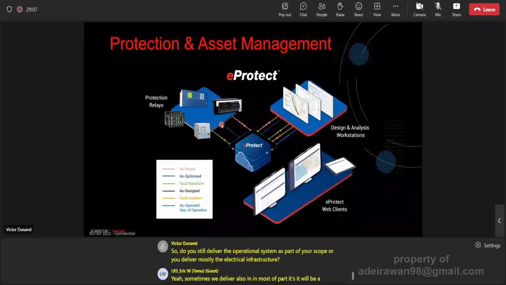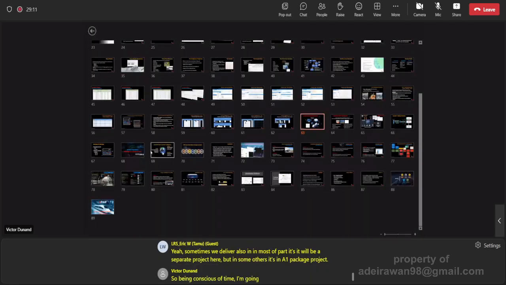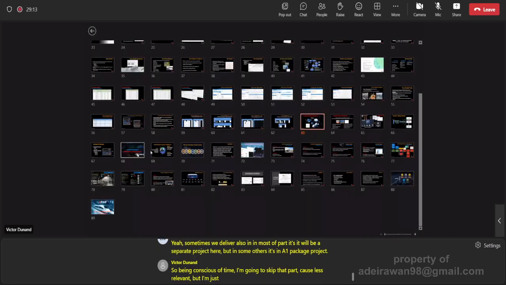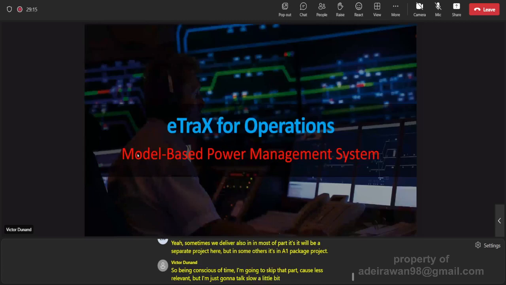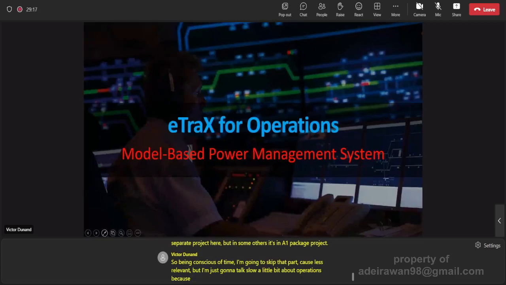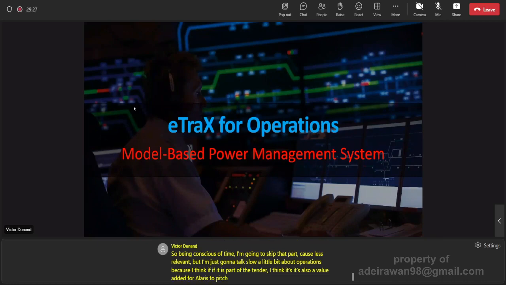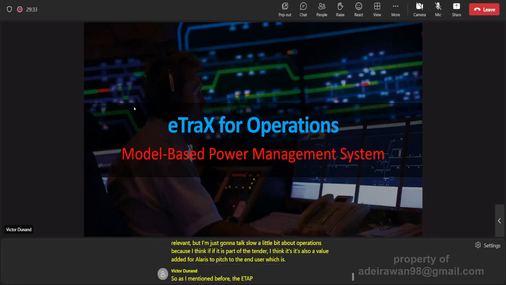So, being conscious of time, I'm going to skip that part because it's less relevant, but I'm just going to talk a little bit about operations, because I think if it is part of the tender, it's also a value added for LRS to pitch to the end user. So as I mentioned before, the ETAP software is essentially one software.